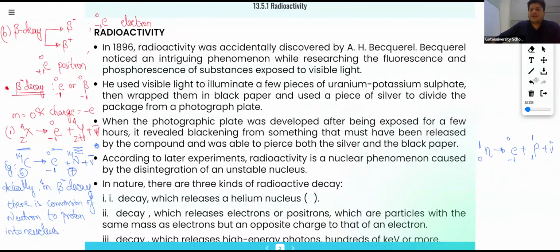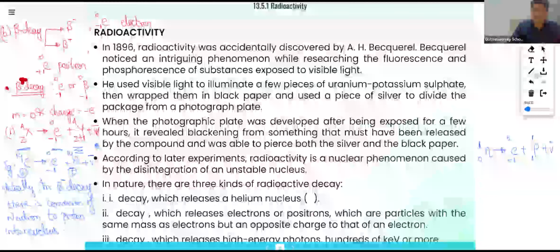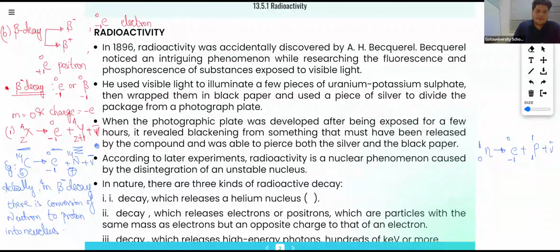Next we have beta plus decay. I will use the same marker and make some manipulation. In beta plus decay, the particle released with charge plus 1 is known as the positron.